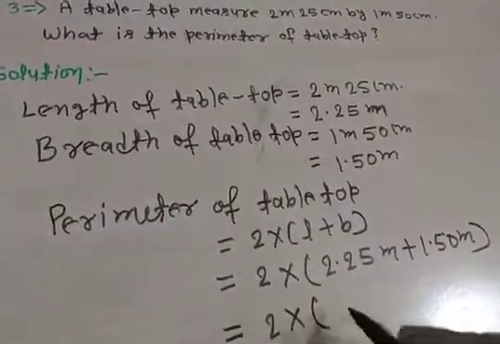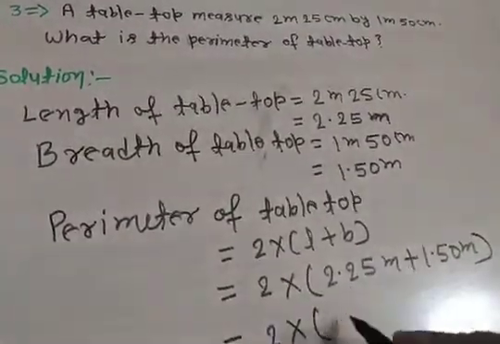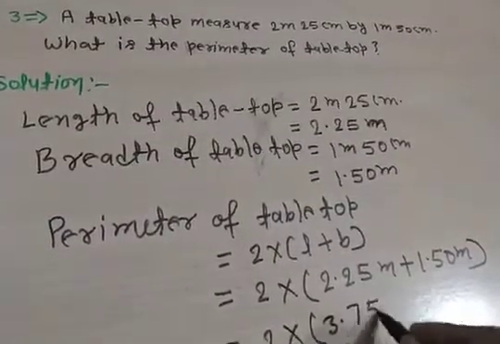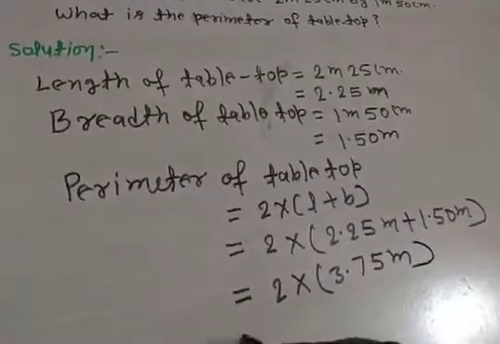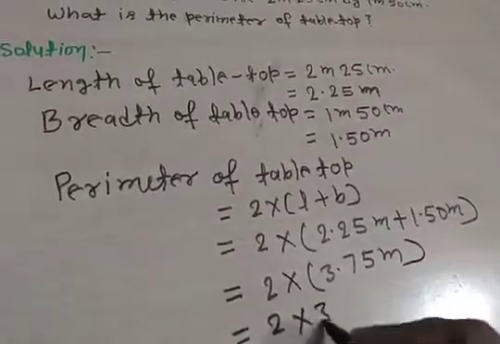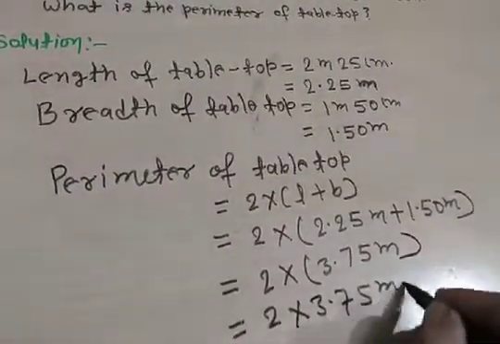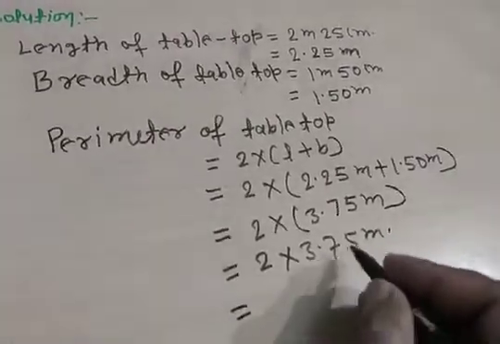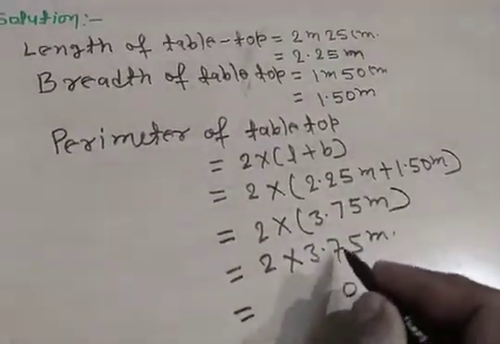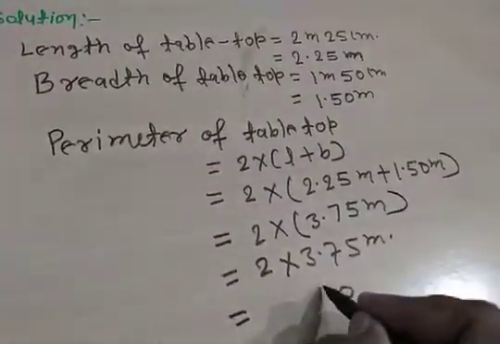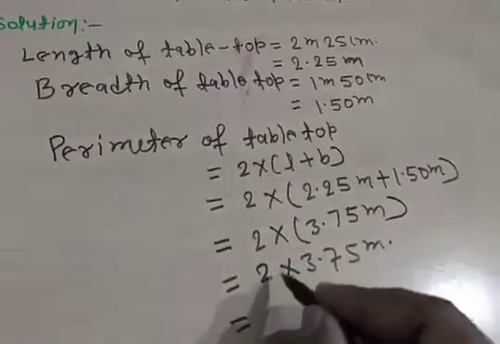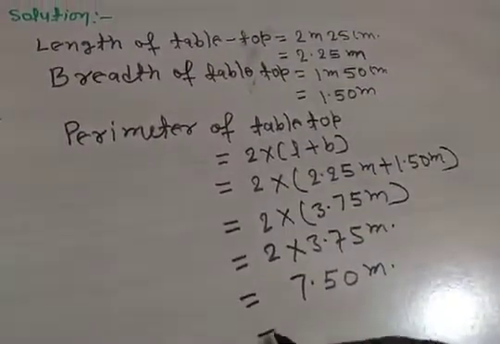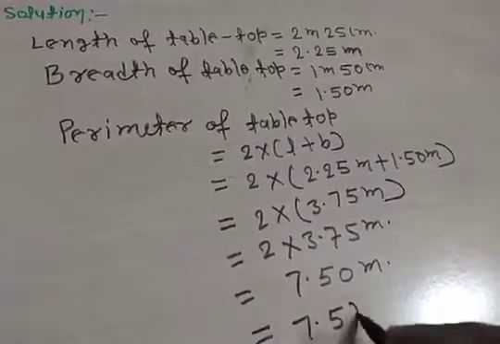So 2 into 3.75 meters. When you multiply it by 2: 5 twos are 10, carry 1; 7 twos are 14, plus 1 is 15, carry 1; 3 twos are 6, plus 1 is 7. So 7.5 meters.